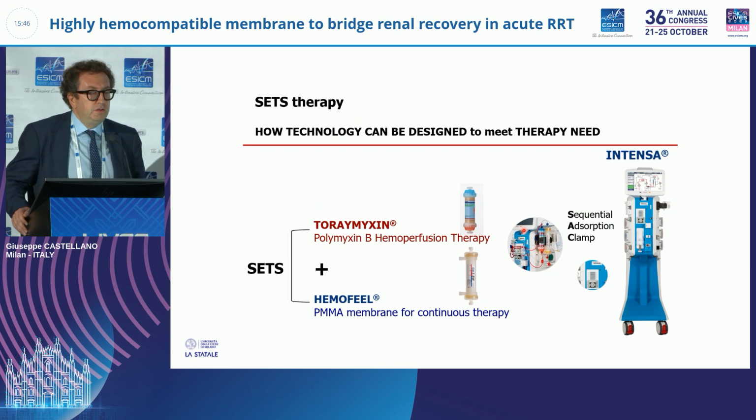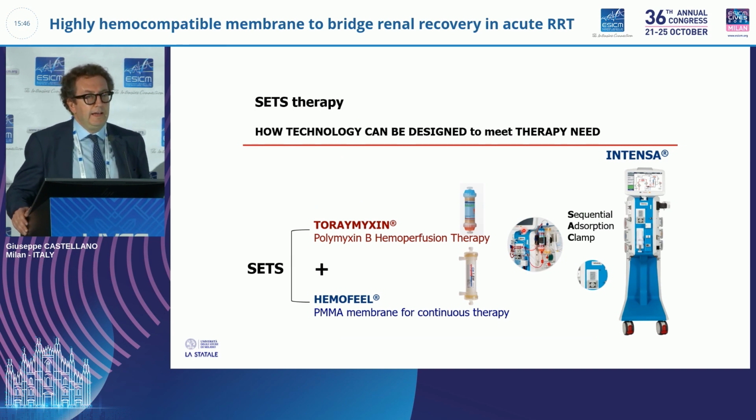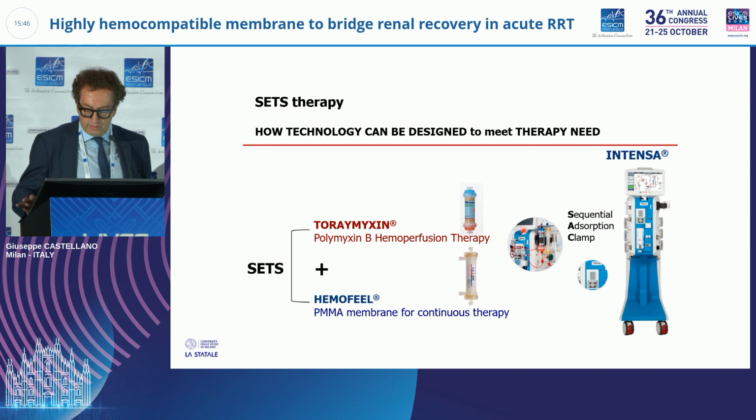And we are going to also test this preclinical data in humans, because this sequential extracorporeal therapy is now available, and we hope that we will have nice data like in animals. Thank you very much for your attention.